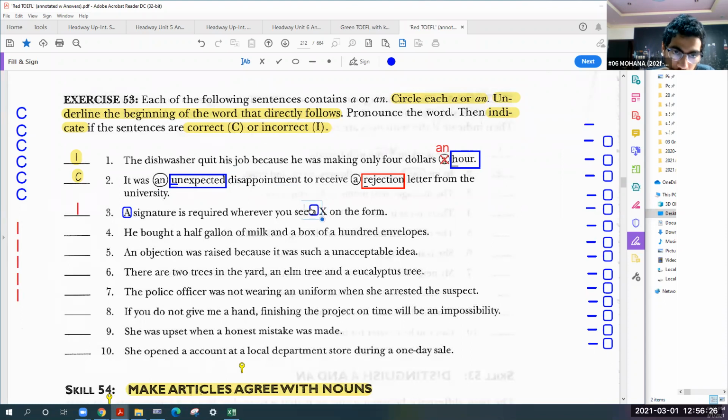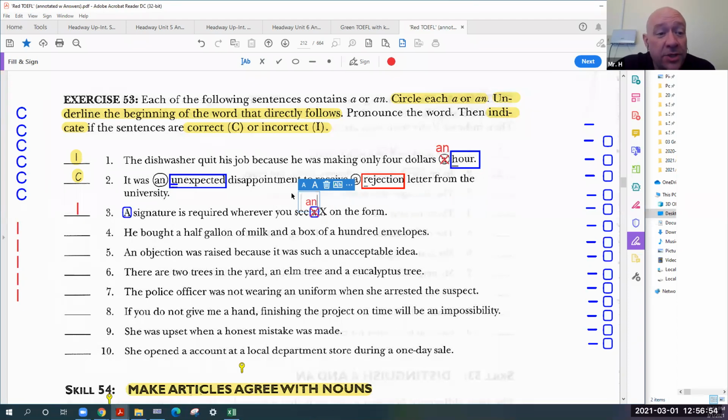X. Okay. So where's the problem then? What should it be? Not a, should be what? An, right? And why is that? Because the sound. It's a vowel sound, right? Correct. Okay, good. Ayed, your turn.